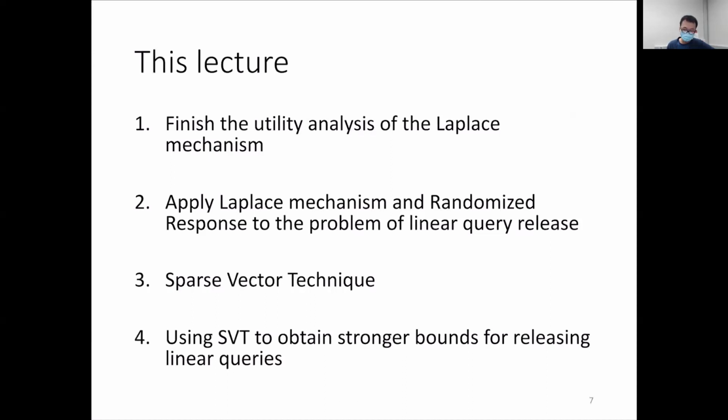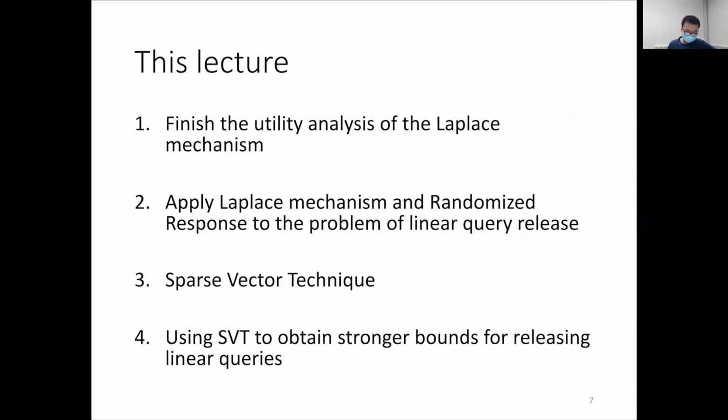Then we're going to generalize the linear query release problem a little bit, and get a sense of where we are in terms of sample complexity, comparing the performance of the different algorithms. And then we'll see that there is actually a lot of room for improvement.